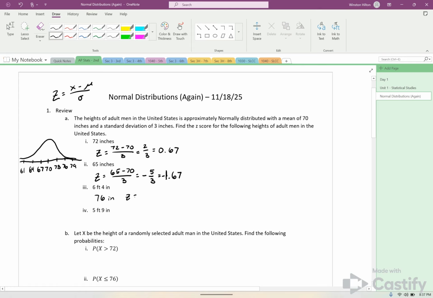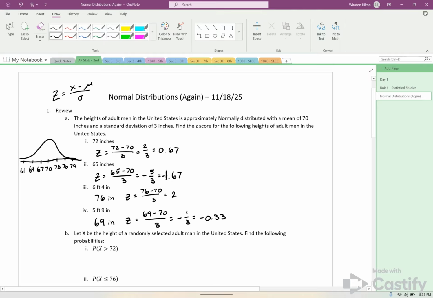So our z-score is going to be 76 minus 70 divided by 3, or exactly 2. 5'9" is 69 inches. So that z-score is going to be 69 minus 70 divided by 3, or negative 1/3, or negative 0.33.